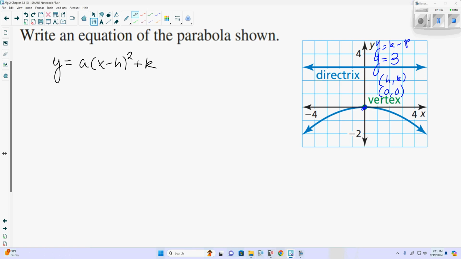Well, h is 0. k is 0. a we still need to find. But our k minus p is equal to 3, just from the directrix equation. But k is 0.